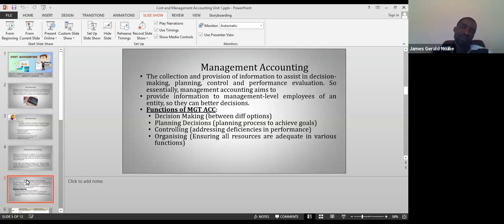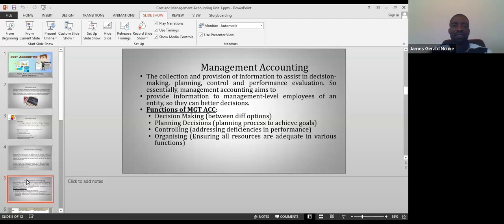One decision that I can just think of is, maybe, should we close this department? An organization may have several departments, and then a decision has to be made on whether to close a certain department or to leave it running. So between those two options, management must make a decision. And that's where management accounting comes in. It will assist in decision-making.